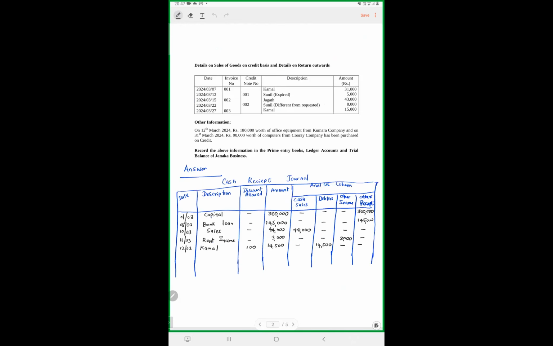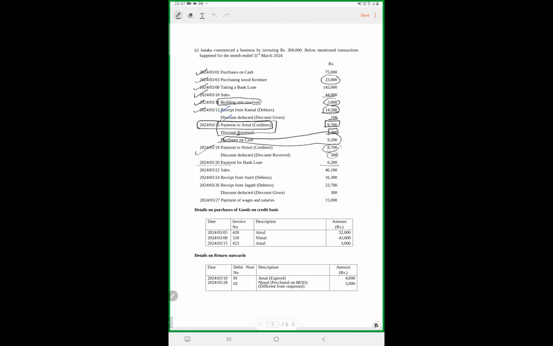Next one, sales. So we are receiving the money from sales, 46,100. If we are receiving the money, we need to include it in the cash receipt journal.